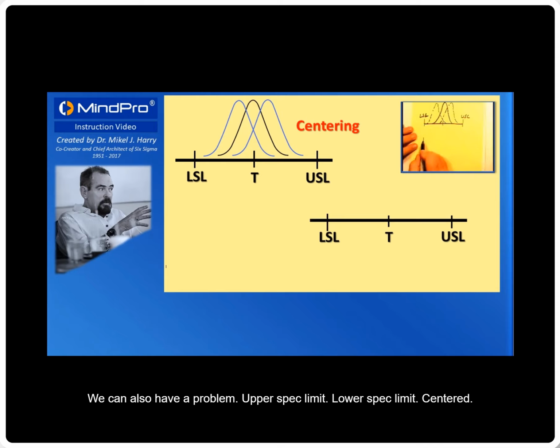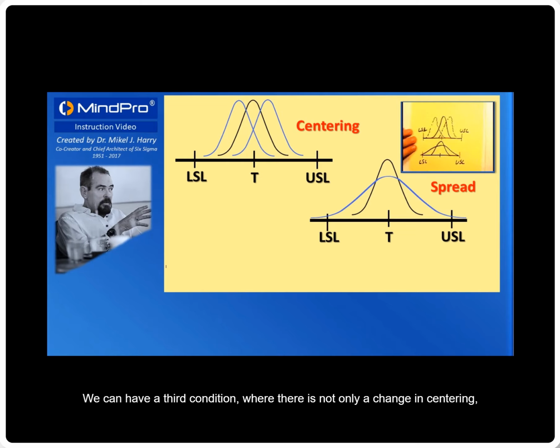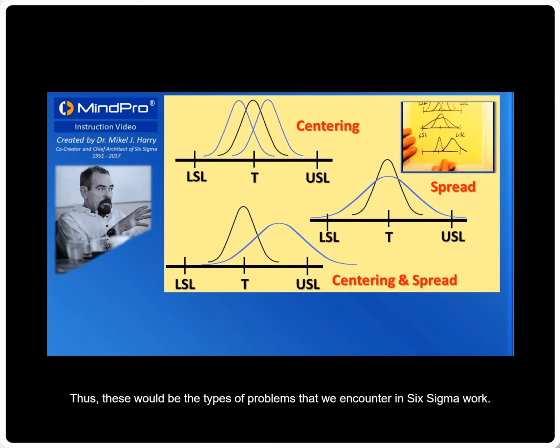We can also have a problem, upper spec limit, lower spec limit, centered, with spread as the distribution spreads out over time. We can have a third condition where there is not only a change in centering, but there is a change in spread as well. Thus, these would be the types of problems that we encounter in Six Sigma work.